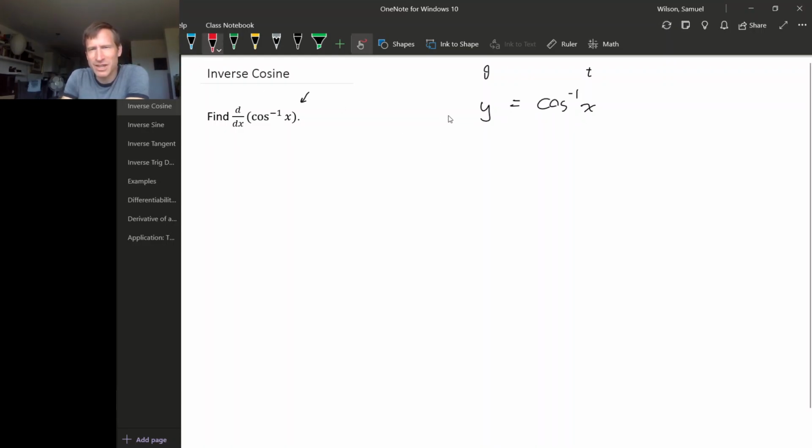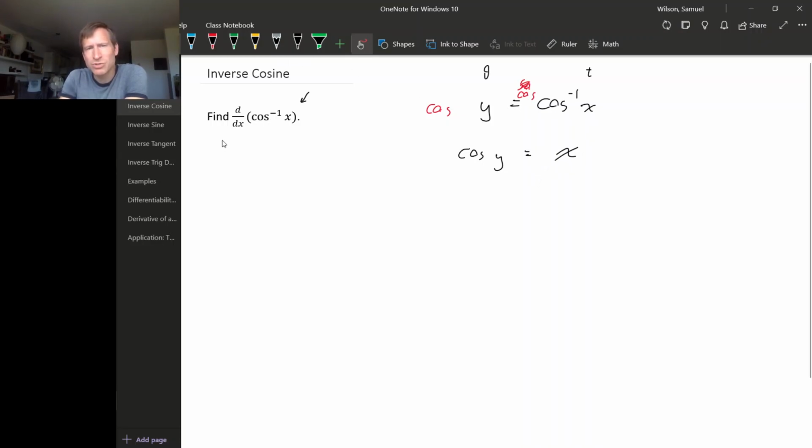So we could get back to the more familiar function cosine if we just took cosine on both sides of this equation, like this. So that's going to give us cosine of y equals, well, cosine of inverse cosine of x, that's just x.